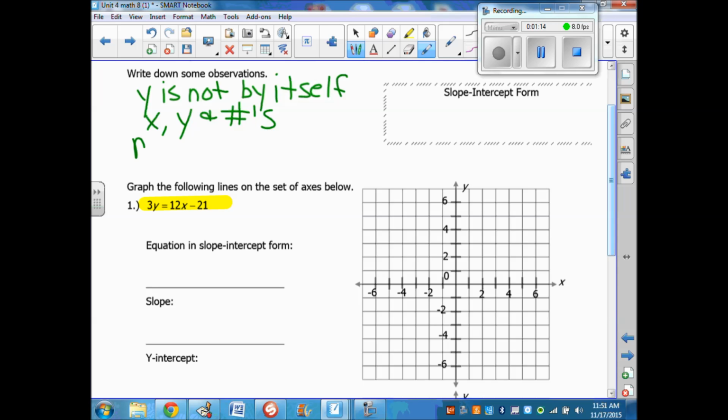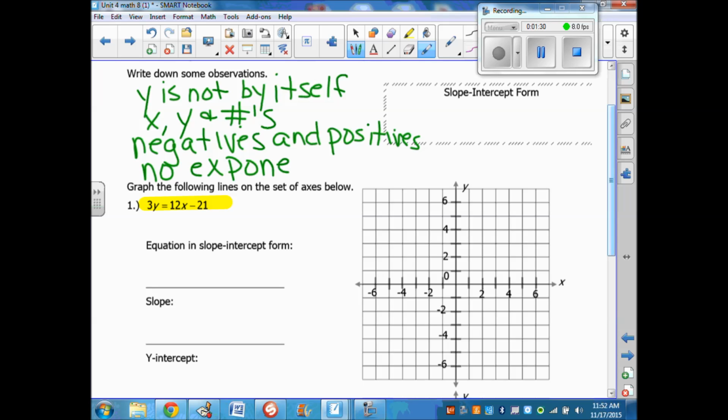We've got some negatives and some positives. There's no exponents. Well, there are, but they're ones. There's nothing other than 1.